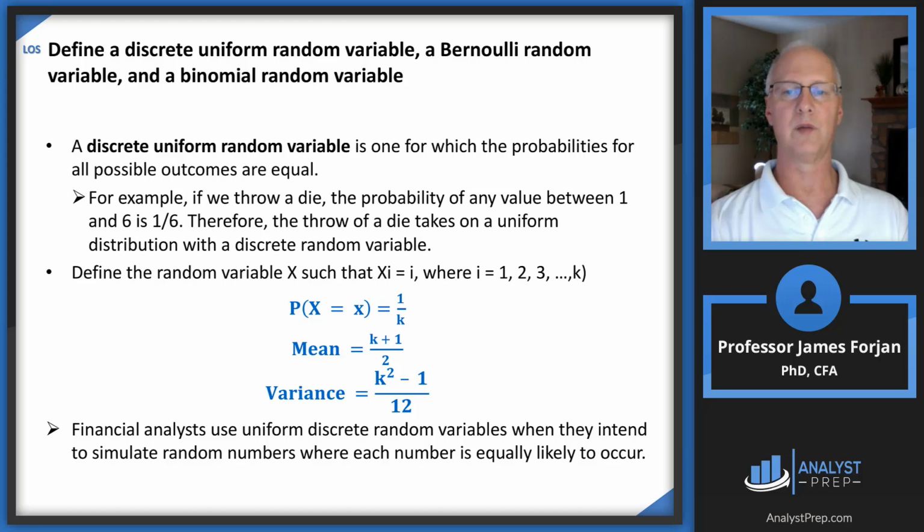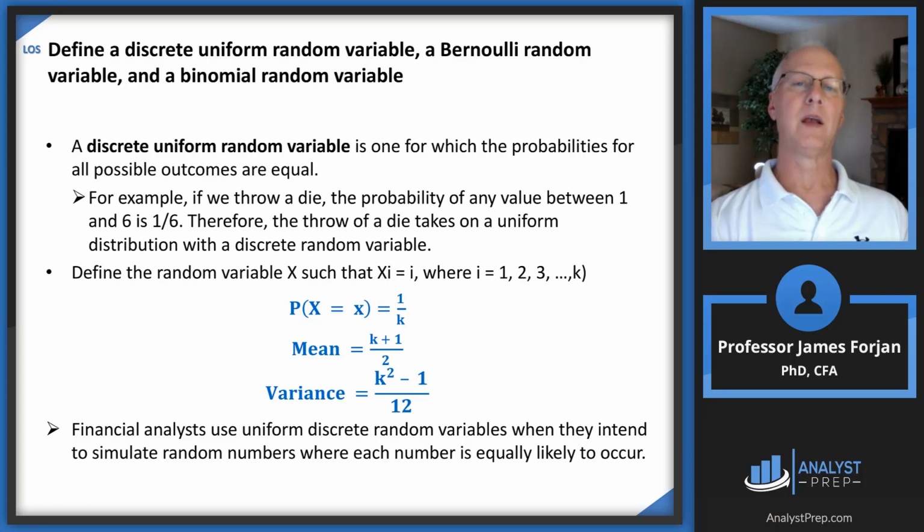That got us our 16.7%. The mean is defined as k plus 1 over 2, and the variance is k squared minus 1 over 12. And so those are probably good formulas to know. The LOS doesn't ask you to compute any of those things, but certainly in the definition, to be able to define what a discrete uniform random variable means, having those in your tool bag is probably helpful.